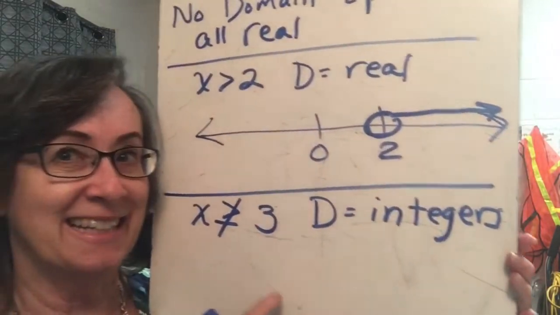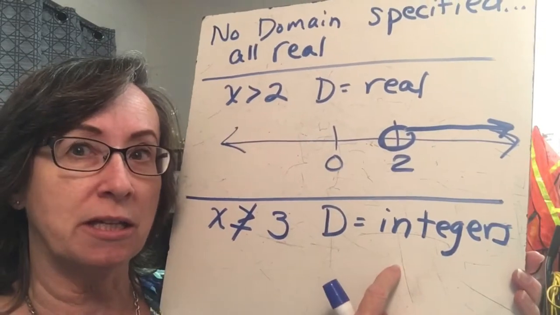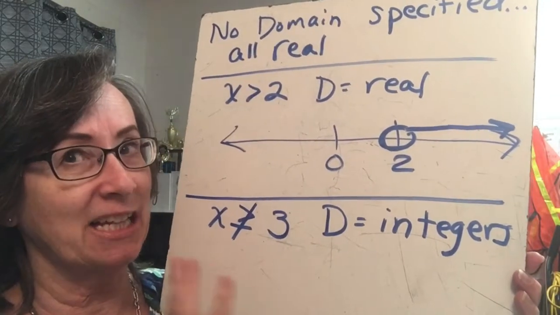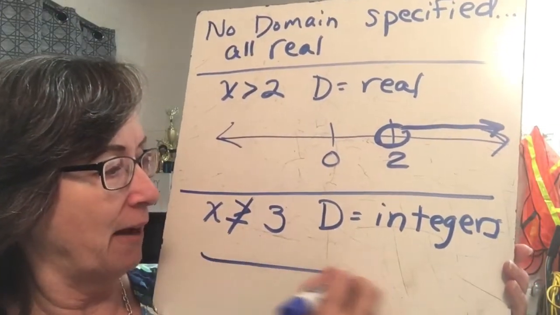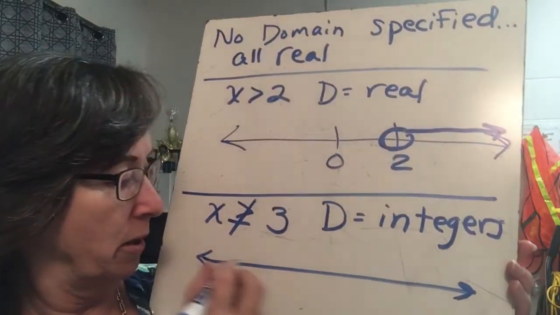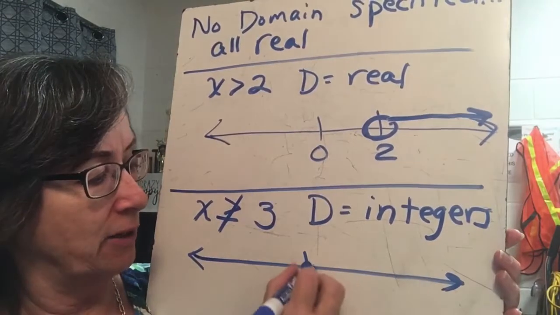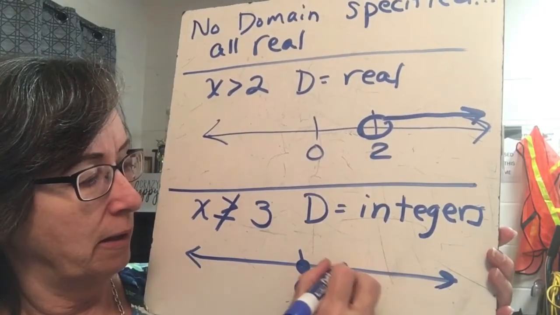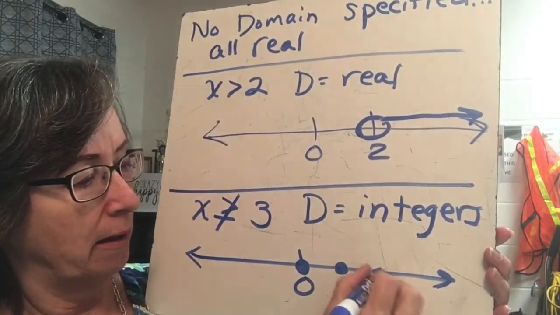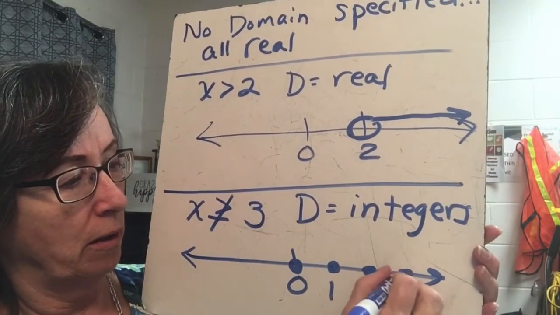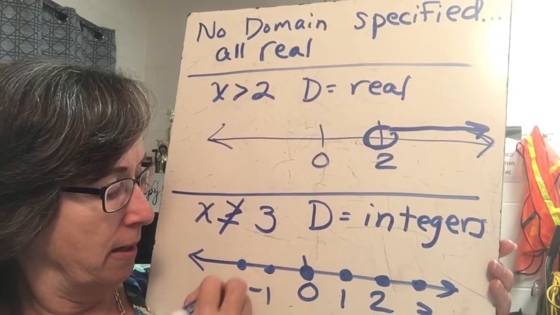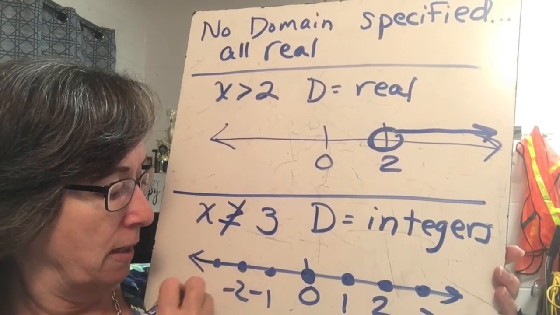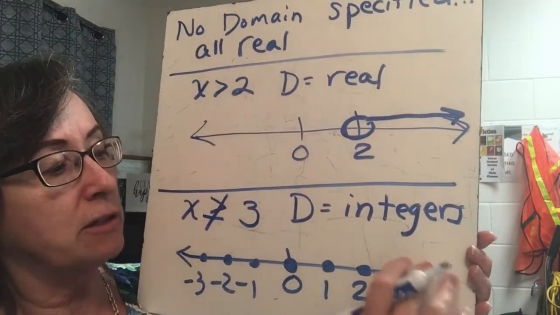However, in the second one, they have changed the domain. The domain is integers, not real numbers. Remember, if I'm graphing integers, I would have an integer value at 0, 1, 2, 3, and -1, -2, -3, and so forth.